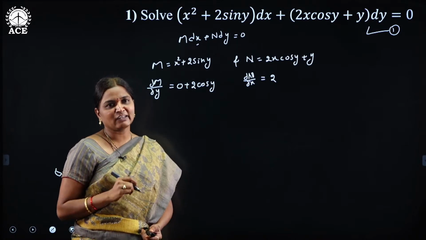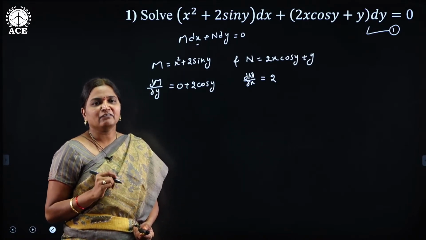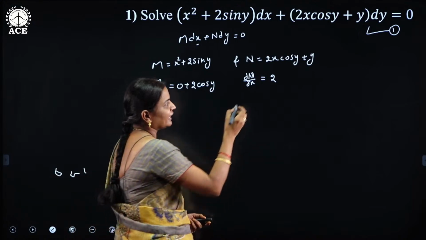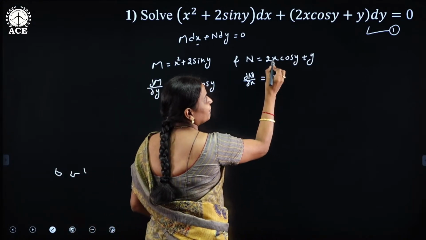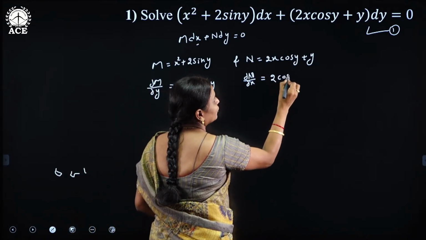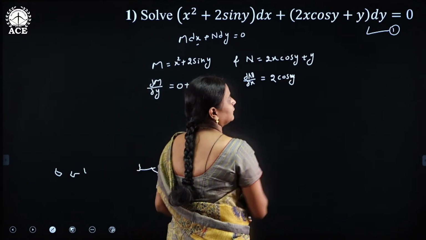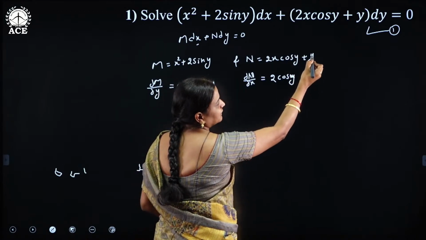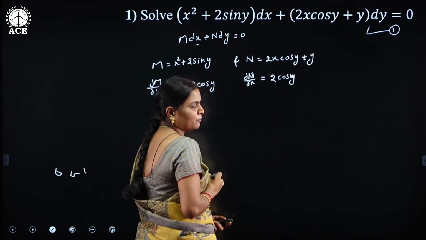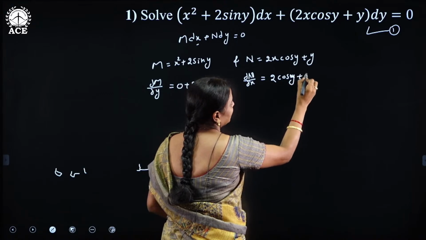While we differentiate with respect to x, treat the other variable as a constant. Now cos y is a constant and the differentiation of x is 1. So totally the coefficient is 2 cos y, plus y, but differentiation with respect to x gives 0.